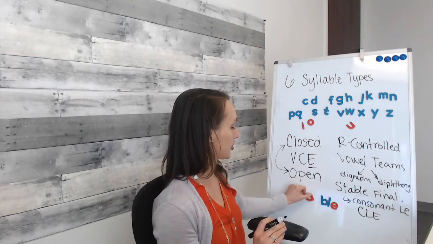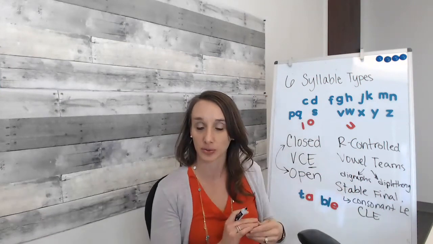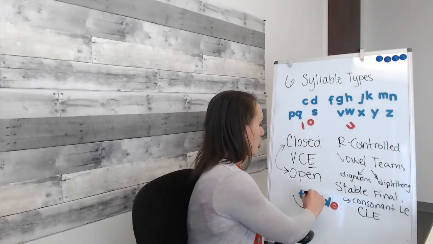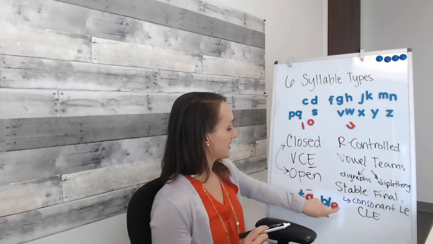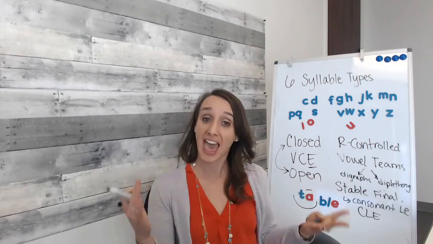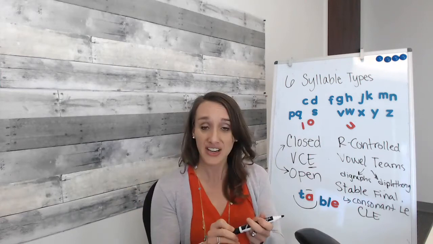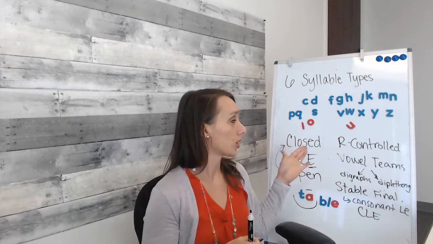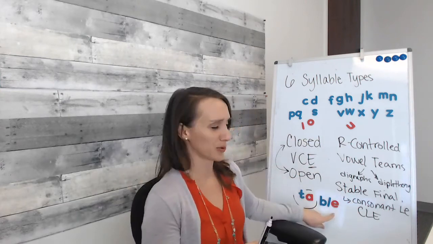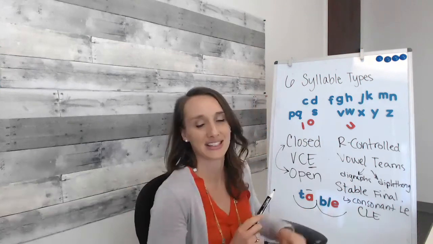Consonant LE syllables always come in multisyllabic words. So that's why we get to it last, because we want to make sure that students really understand that there's really one syllable in a word. But we've got that open syllable A, and in this case, the word table has two syllables. Table. Every syllable needs at least one vowel. So a syllable is a word or part of a word with one vowel sound, but sometimes the vowel sound is actually silent, and we just need the vowel to be able to hold the place for that second syllable.